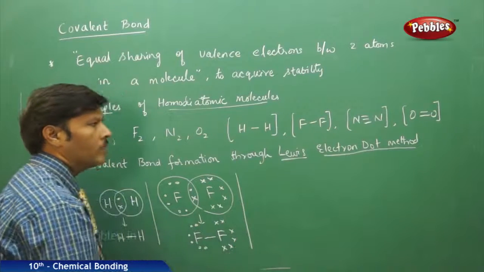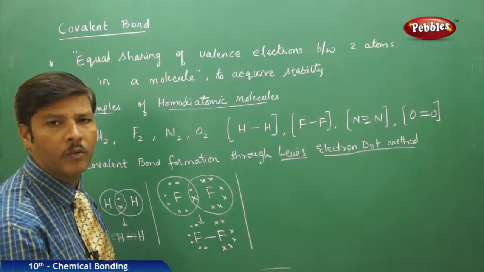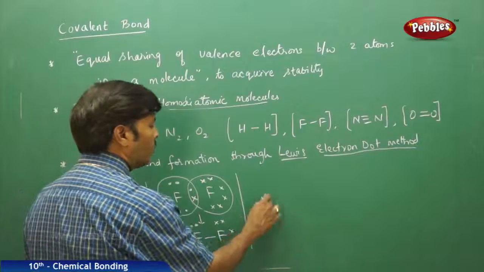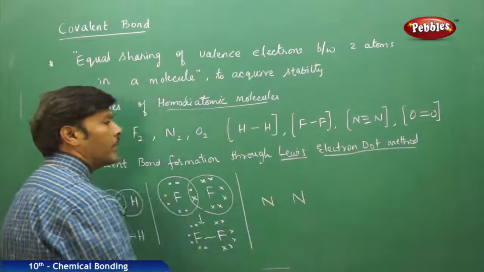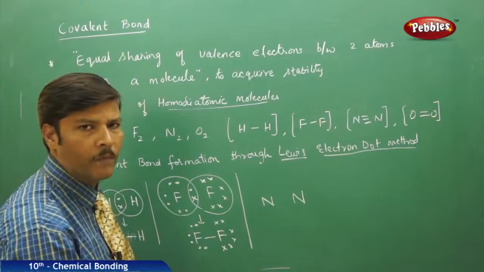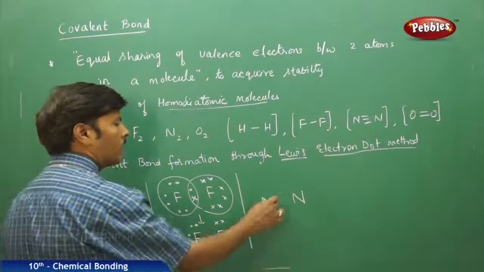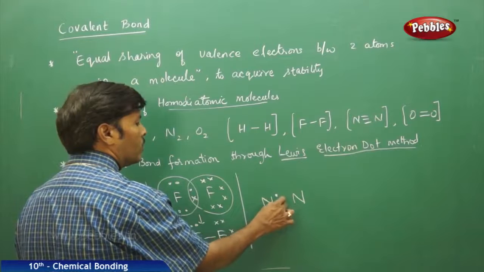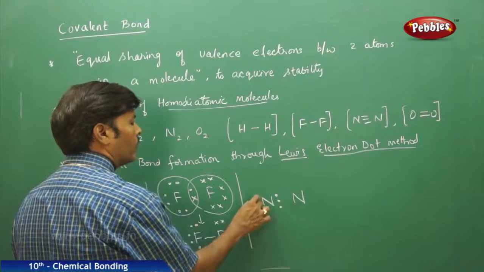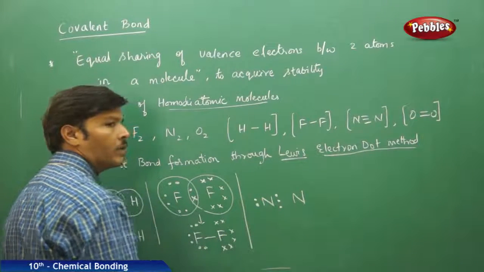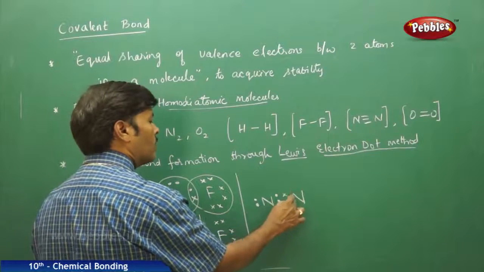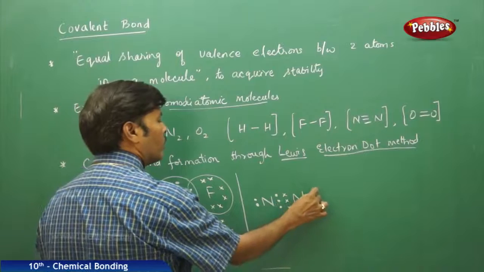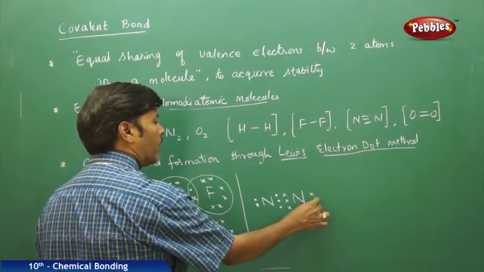If you take the next molecule, that is the nitrogen molecule, take two nitrogen atoms. Each nitrogen has 5 valence electrons. So 1, 2, 3, 4, 5 are the 5 valence electrons of the first nitrogen. For the second nitrogen, again 5 valence electrons.